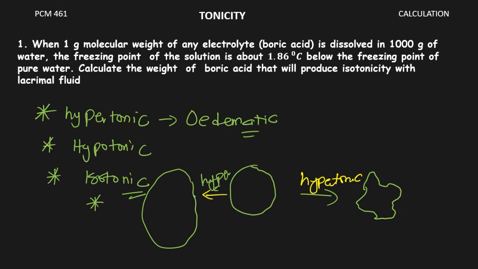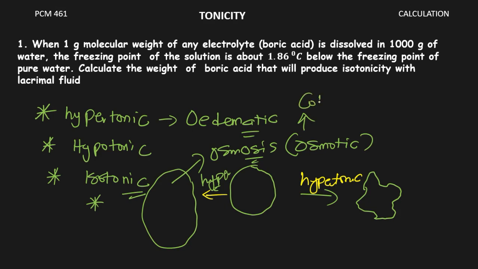So water, fluid will move into the cell and then it will swell. I will say the movement of fluid or water through a semi-permeable membrane is called osmosis, right? Something that we've learned before. And the pressure that is actually regulating this process is called the osmotic pressure.